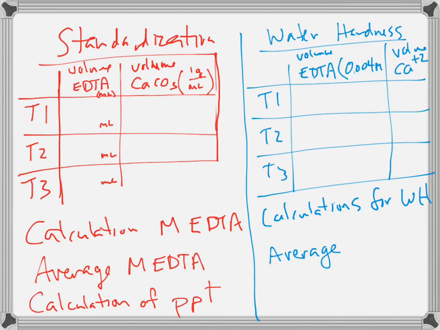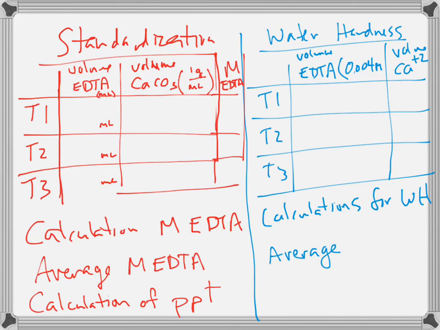In the process of calculating the molarity, just realize that we could add this for each of these tables. We could add the molarity of EDTA for this first one, so we know what the molarity is for each of those trials.